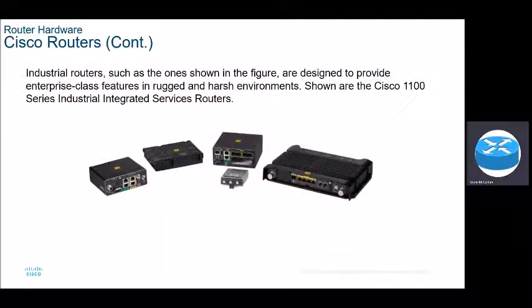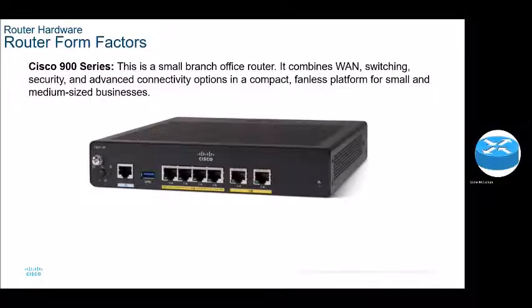Pretty big piece. Okay, industrial routers such as the ones shown in the figure are designed to provide enterprise-class features in rugged and harsh environments. Shown are Cisco 1100 series industrial integrated services routers. And a 900 series, this is a small branch office router. It combines WAN, switching, security and advanced connectivity options in a compact, fanless platform for small and medium-sized businesses.